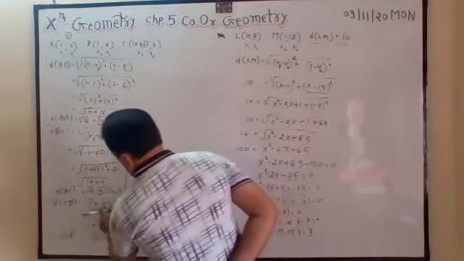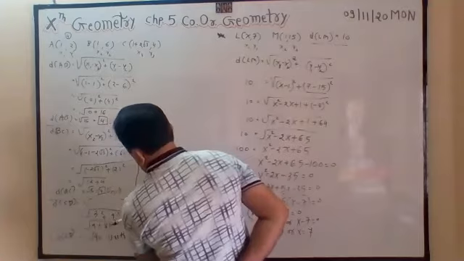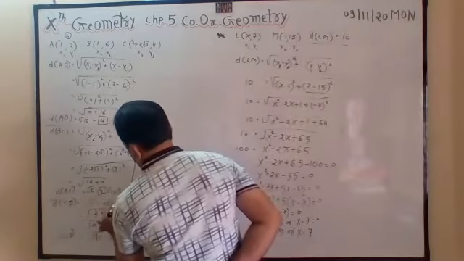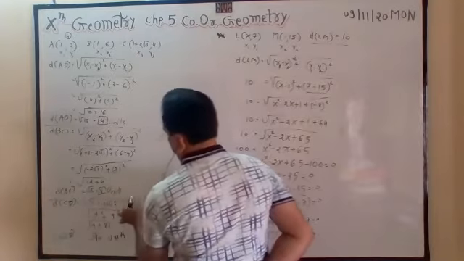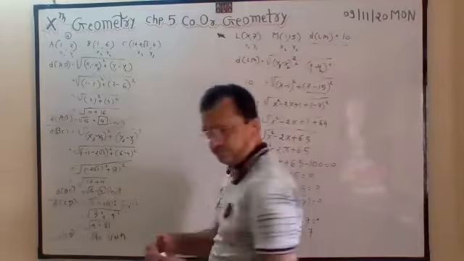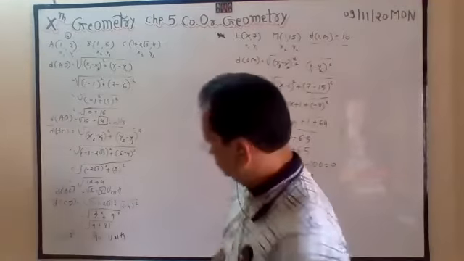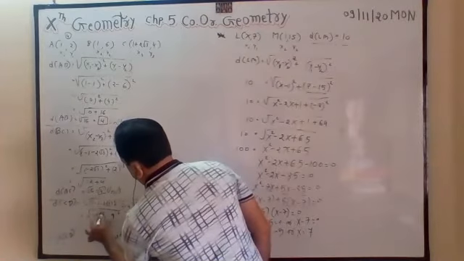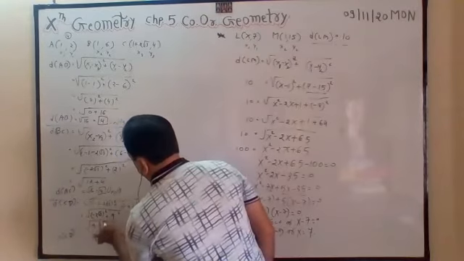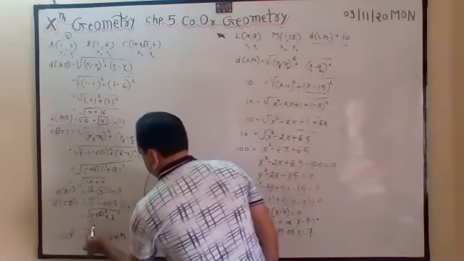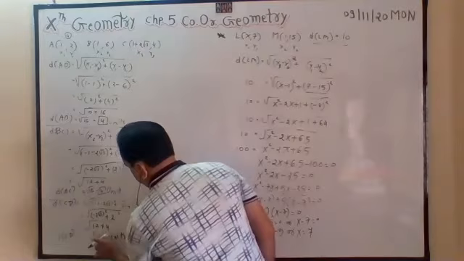Now this minus this. So again 1 minus 2 root 3 square, 2 minus 4. So that is again minus 2 root 3 square plus 2 square, 12 plus 4, 16.